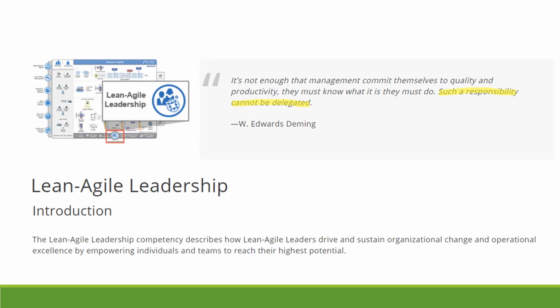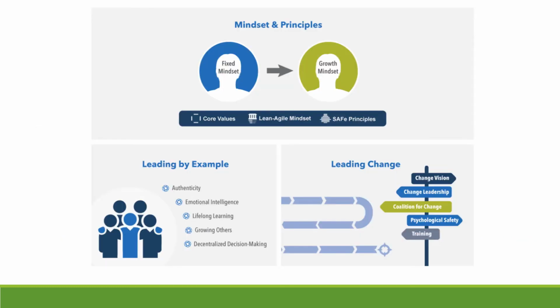And it's very important that as a leader you need to drive and sustain the organization changes by using lean agile principles and practices. There are three components in lean agile leadership: mindset and principles. Every leader should understand the mindset, getting from a fixed mindset to a growth mindset, leading by example, being authentic, emotional intelligence, lifelong learning, growing others, decentralized decision making, and leading the change, right?